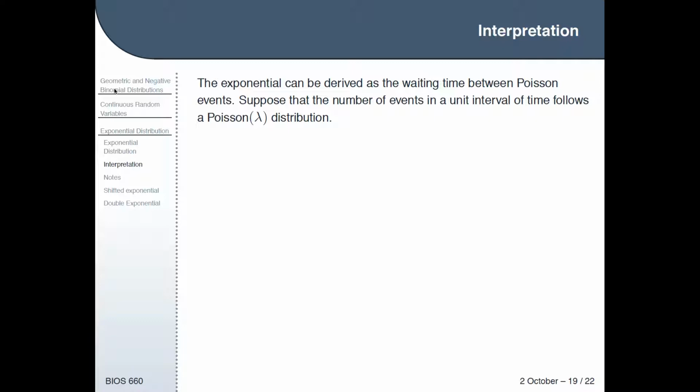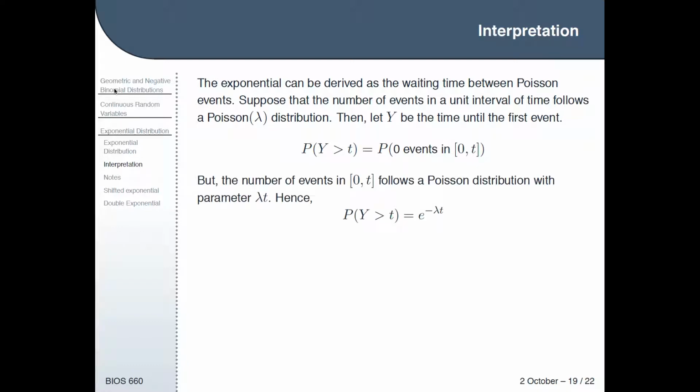So let's say the number of events in a time interval follows a Poisson distribution with rate parameter lambda. Then the probability that Y is greater than some value t is of course equal to the probability that you get no events between time 0 and time t.